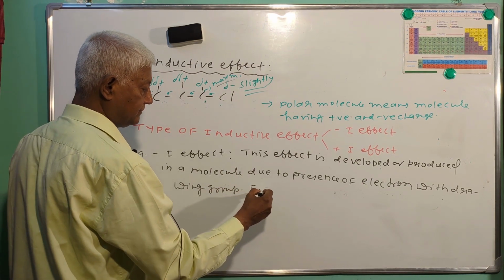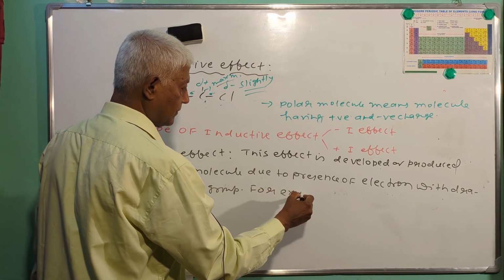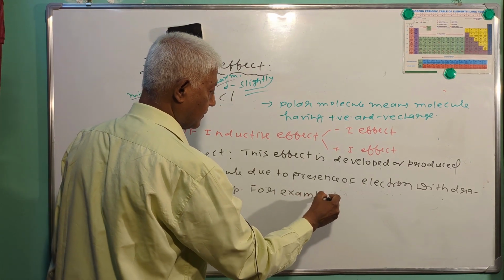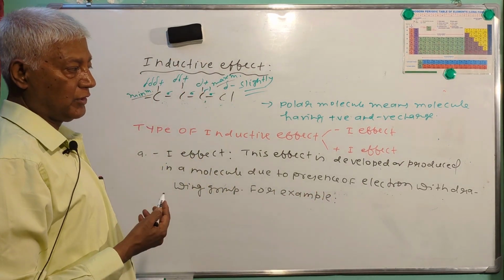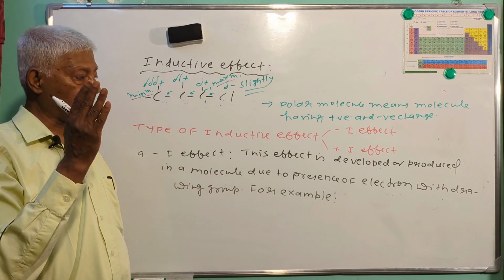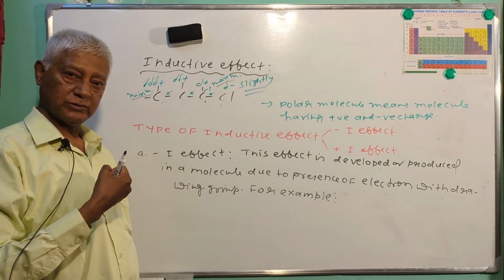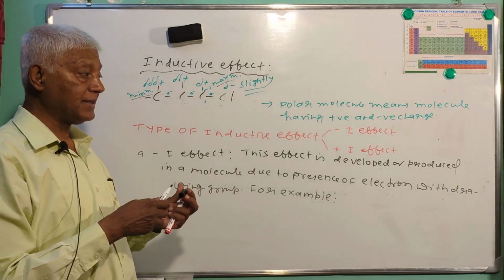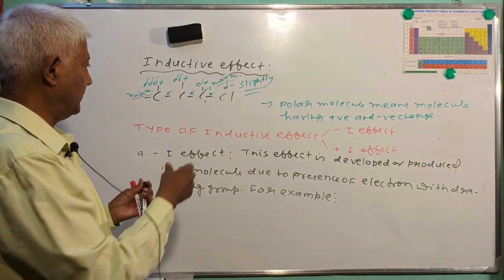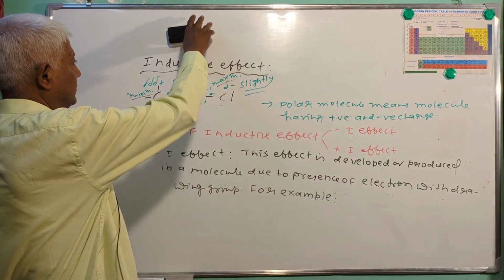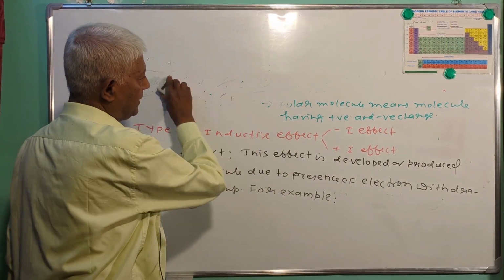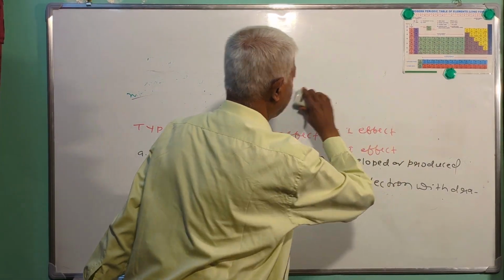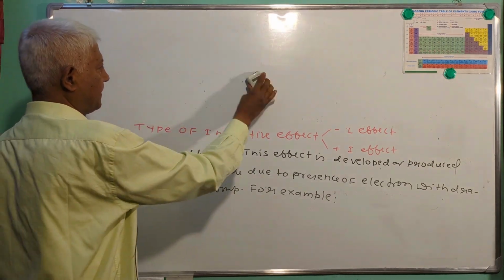So what does electron withdrawing group mean? The species or atom which withdraws electrons in the molecule is known as an electron withdrawing group. Examples of electron withdrawing groups are as follows.